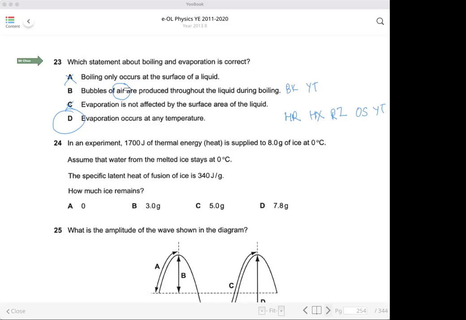Okay, question 24, Yiting, correct. Huai, correct. Howard, well done. Oscar, well done. Okay, Ryan and Bei Kwan, what's your answer?